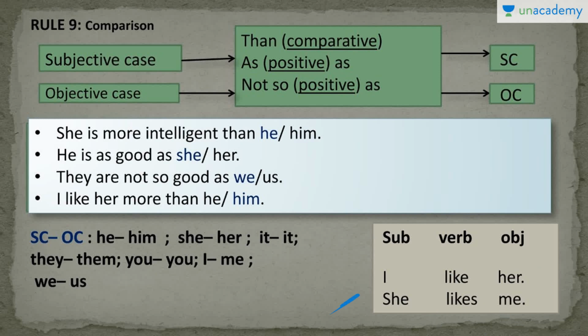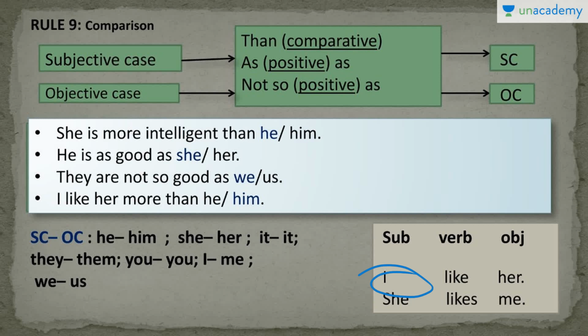Okay. Now just think, can you replace this word I with me? If you do so, the sentence would become me like her. And I'm sure that all of you know that this sentence is incorrect, although it tries to convey the same meaning. The reason for it being incorrect is that this is a place for a subject and you cannot use an object here. Me is the objective case of a pronoun, so it cannot be used here.